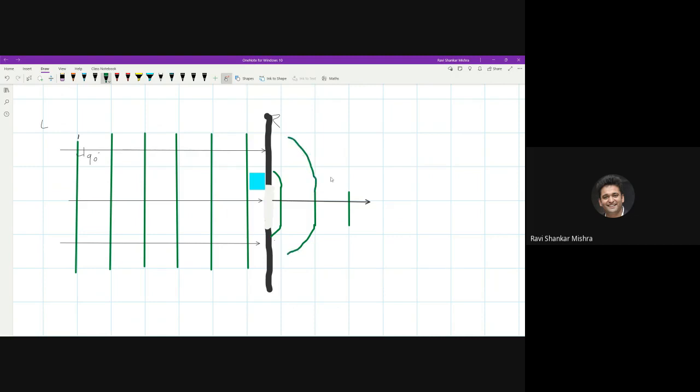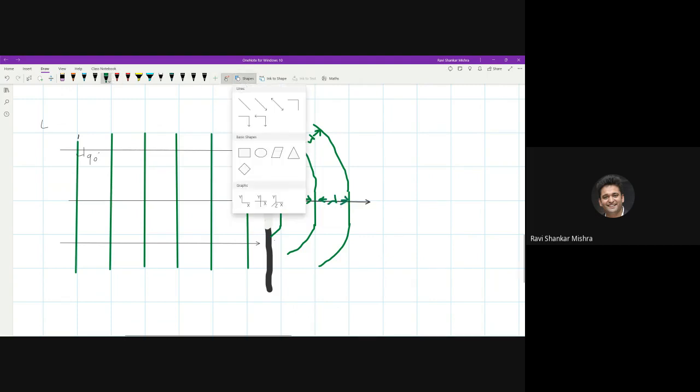And while bending, do remember one thing, that the wavelength should not change. Means this distance lambda and this distance lambda should remain the same as it was over here. Understood? Yes, sir.